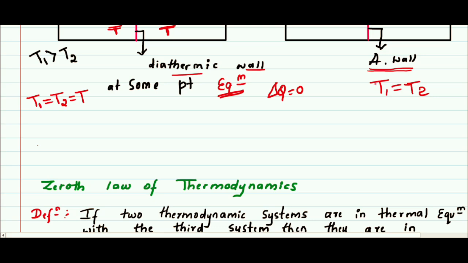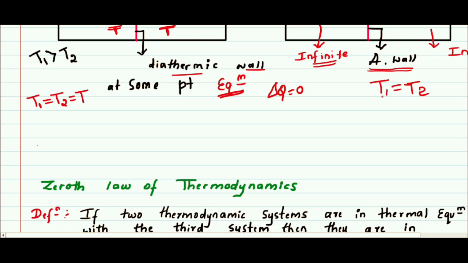Even though they have different temperatures, they are in equilibrium with the surrounding. This system A is in equilibrium with the surrounding up to where? Up to infinity. Up to infinity, it will be in thermal equilibrium, and here also system B has attained equilibrium.